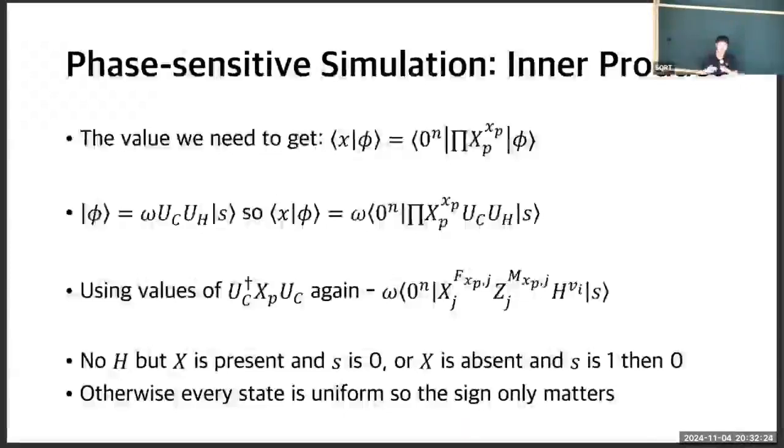It is actually easy if we consider that phi is just a bunch of complex numbers and some gates, U_C, U_H, and S, then we can just substitute that as U_C and U_H. Then if we have a bit string X applied here, we can make that as 0 and then X gates according to that bit string. So we make it as 0^n and then a bunch of X gates before that U_C and U_H.